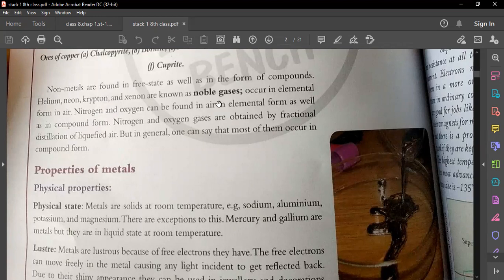Only xenon will combine. The remaining noble gases will not combine. So the simple definition of a noble gas is that it has an octet configuration in the outermost shell. I hope you know what an octet configuration is. Yes, sir. Having 8 electrons in the valence shell is called an octet configuration.